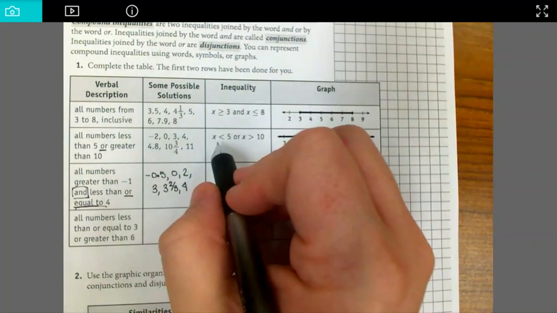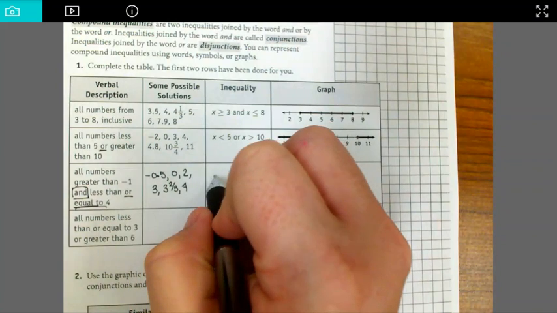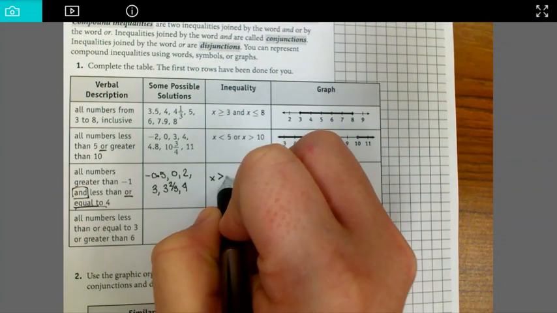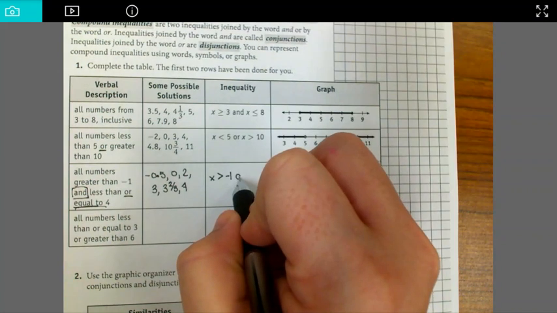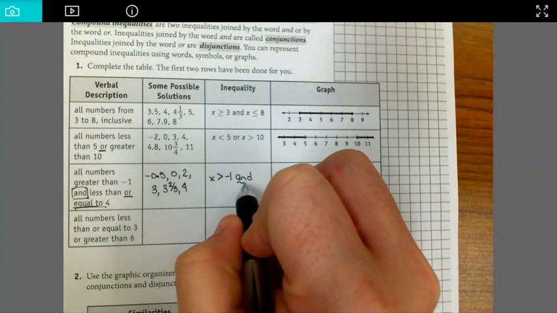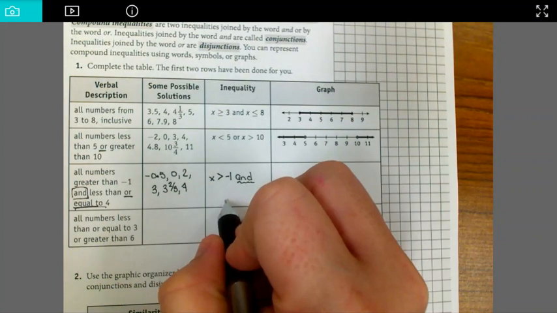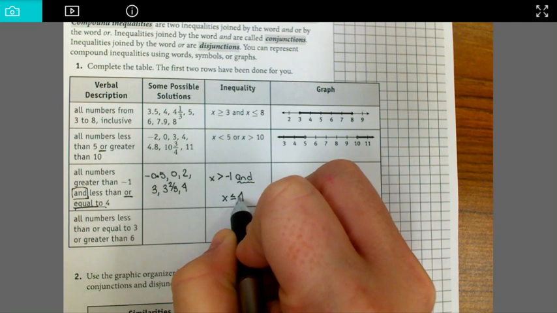Okay. So whenever I write this, the first thing I'm going to do is put all numbers greater than -1. So x greater than -1. And then I'm going to write that word in the middle, and x is less than or equal to 4.